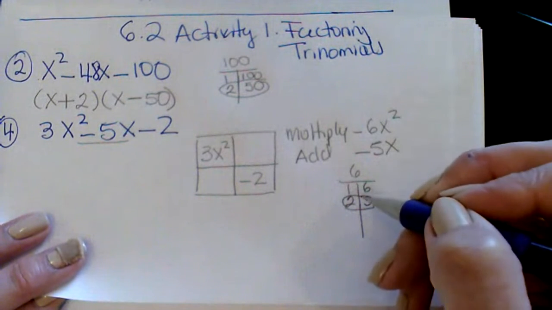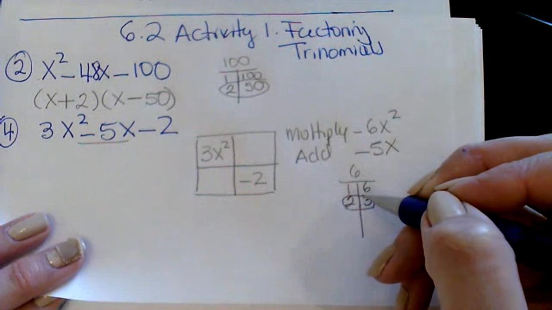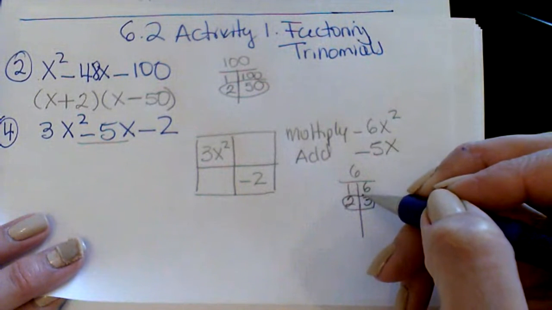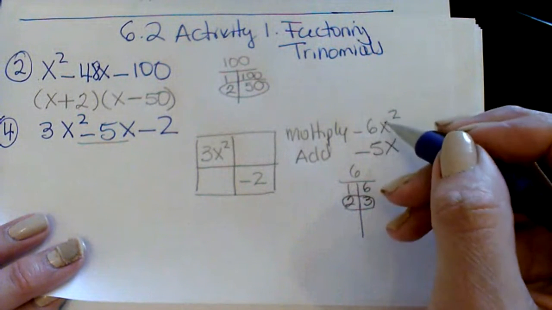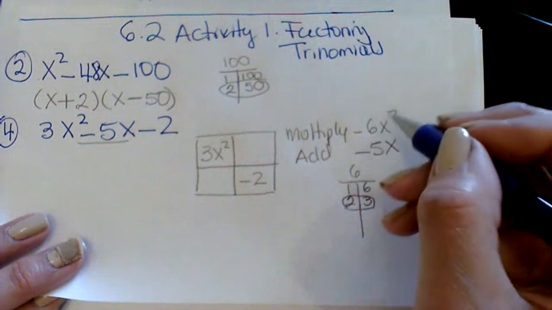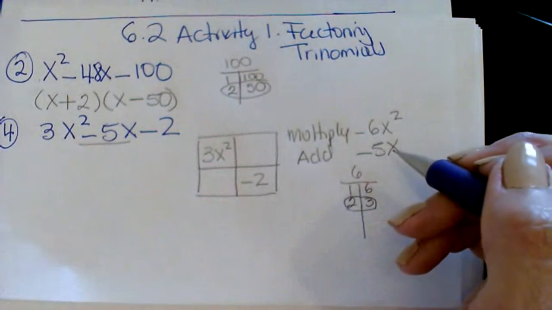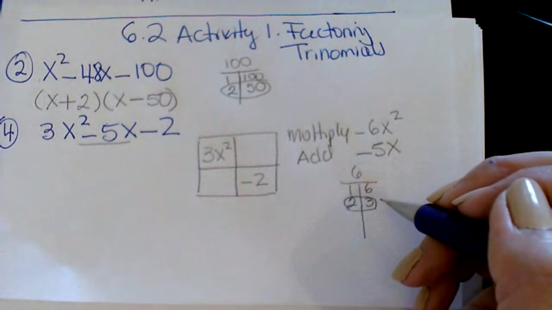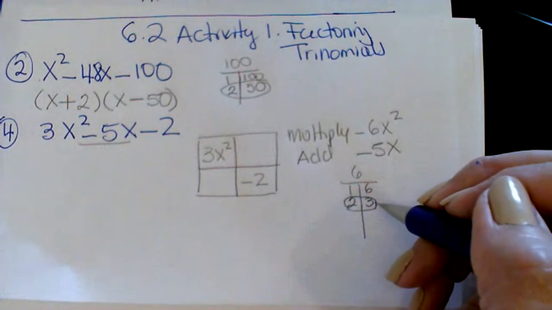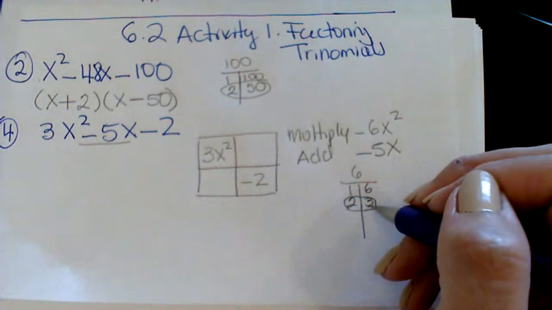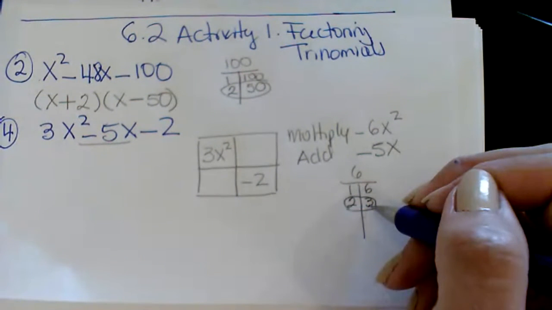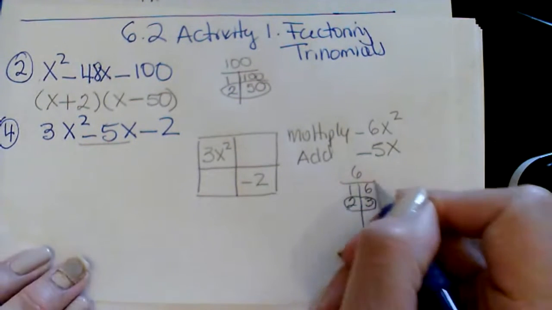We need a number that when we multiply, we get negative 6. But when we add them, we get negative 5. We can't do the 2 and 3 because if we have them both negative, we're going to get a positive 6. We're going to have to use this one.